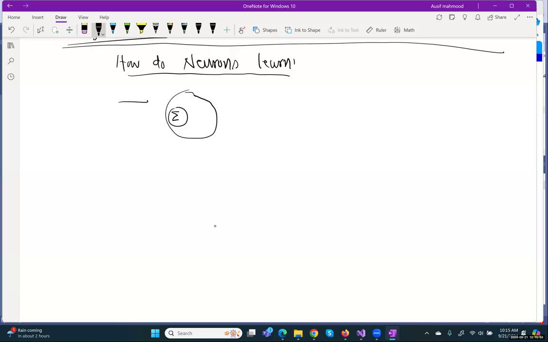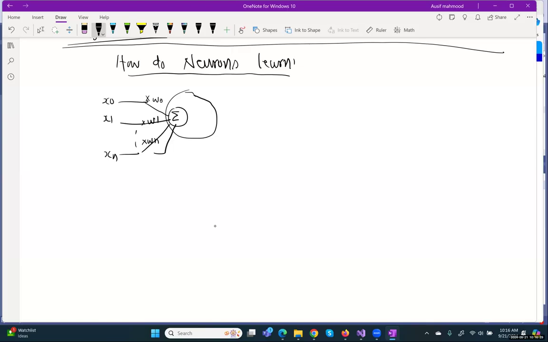Every neuron takes some inputs, for example, x0, x1, xn. So n could be 9, so that total there are 10 inputs, right? Every neuron will multiply each input by what we call a weight, which is just a number, for example, Wn.